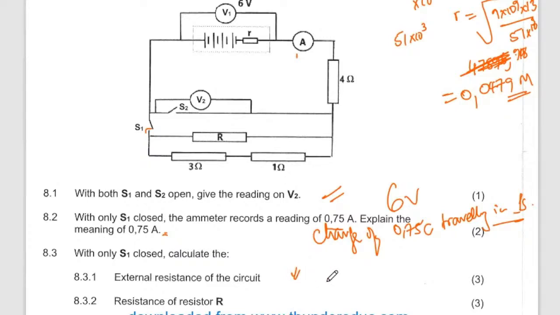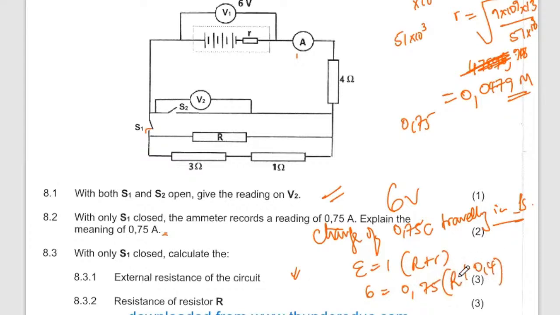Okay, so we can use the EMF formula, which is EMF equals I times (R plus small r). We now know the current is 0.75. Our EMF was 6. Do we know the external resistance? No, that's what they want us to reach. The internal resistance, they give us as 0.4.